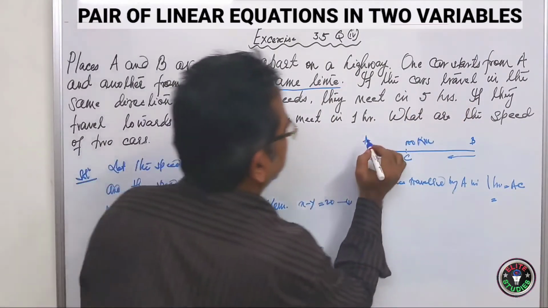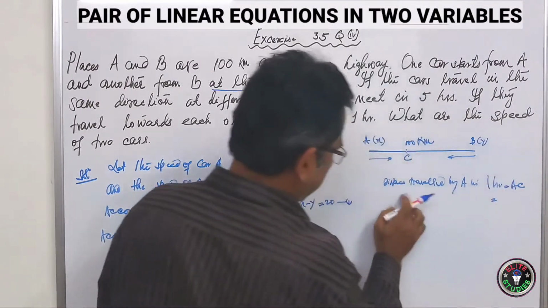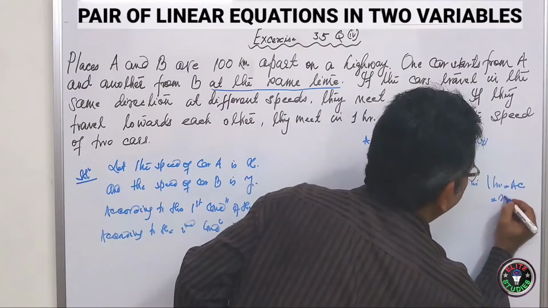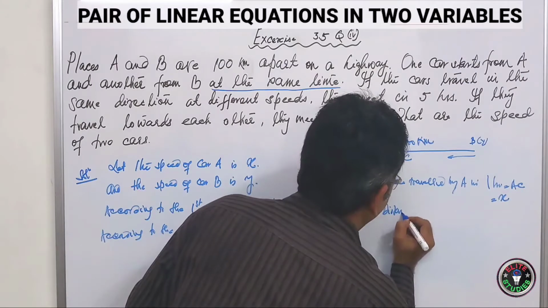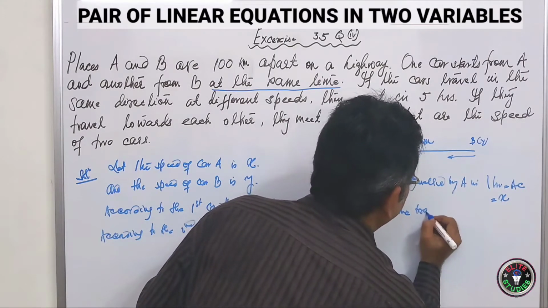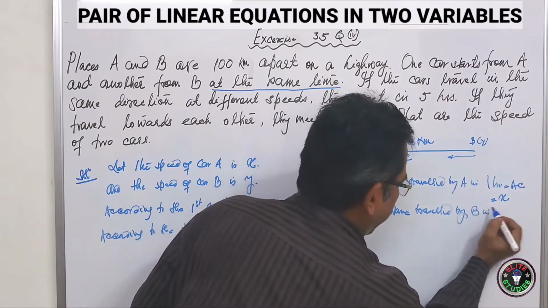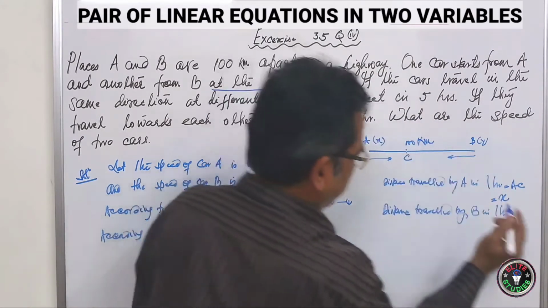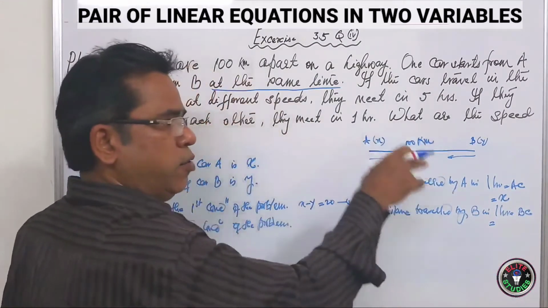Here its speed is x, and here its speed is y. Speed is x, time is 1 hour, so it is simply x. The distance traveled by B in 1 hour is BC, equal to speed into time.